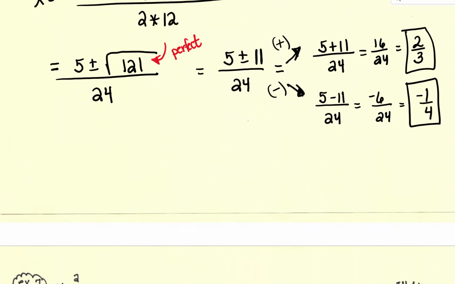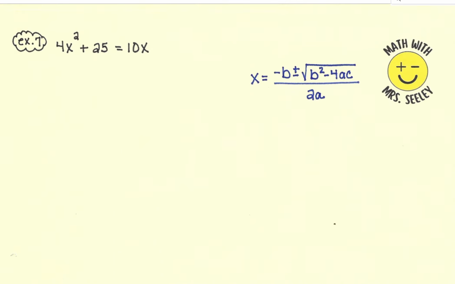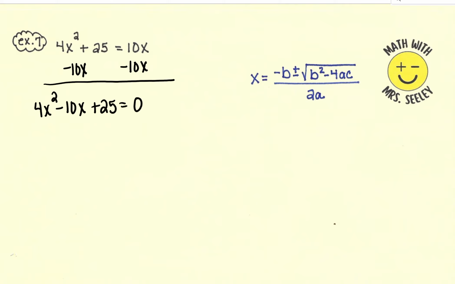All right, last one. So on this one right here, the first thing we want to do is obviously get it in the correct form. So let's subtract our 10x from both sides. And you have 4x squared minus 10x plus 25 is equal to 0. Pick out your A, B, and C. And again, pause the video if you'd like to try it yourself to see.